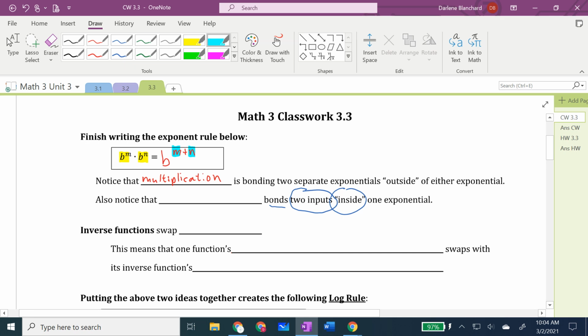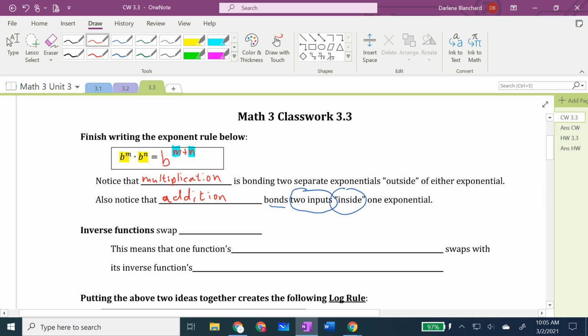So m was an input in the exponential b to the m. n was an input in the exponential b to the n. And the other side of this exponent rule is that those insides use what operation? Addition.